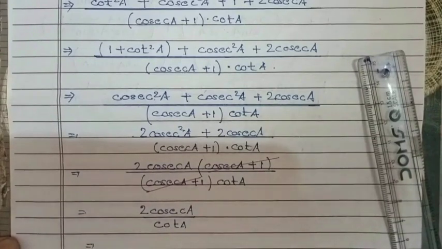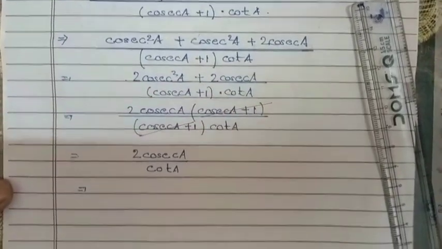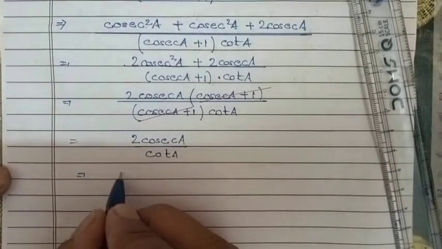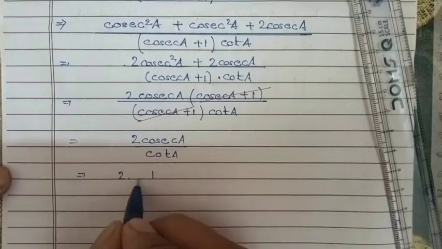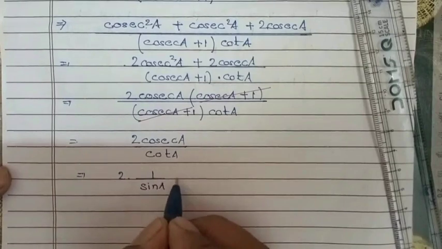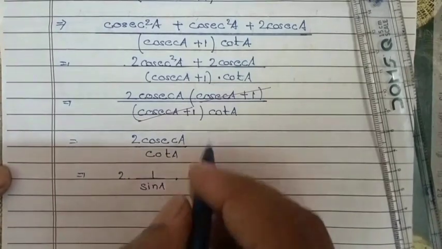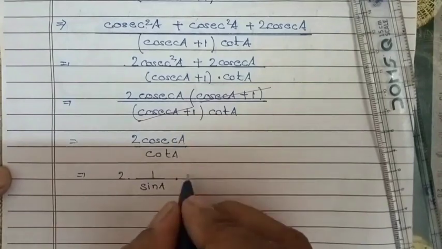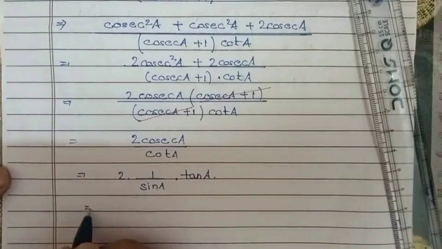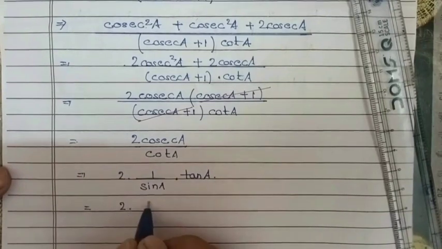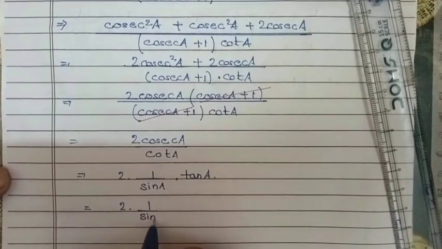Okay, now convert these cosec and cot into sine and cos, so this will be twice. Now cosec when written in the reciprocal form will be 1 upon sine A. This cot when taken in the numerator place will be written as tan A, twice 1 upon sine.